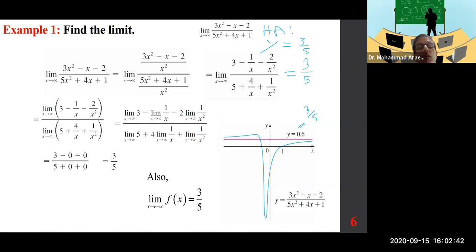You divide by the highest degree term in the denominator, namely x squared, to do the math. And you end up with 3/5 in both cases. Again, I would have been happy being done when I got here. That's good enough. However, we are looking at it from a graphical point of view also, just to be on the safe side.